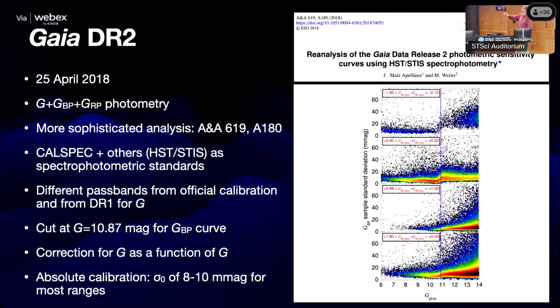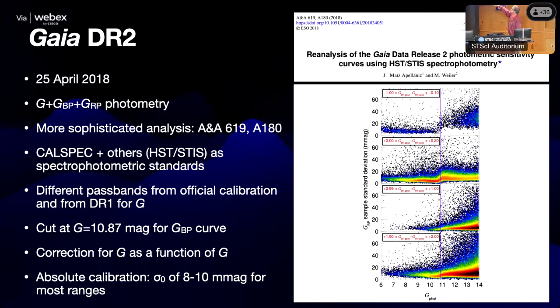What you have plotted here is the dispersion, the sample standard deviation. That means the scatter in the photometry as a function of magnitude for different colors. And you can see there is clearly a jump. It depends on the color, right? But it means that the photometry has a different behavior for faint and bright stars.